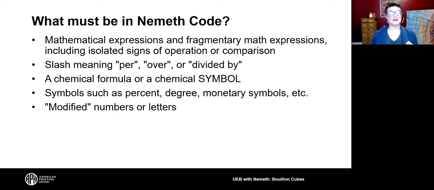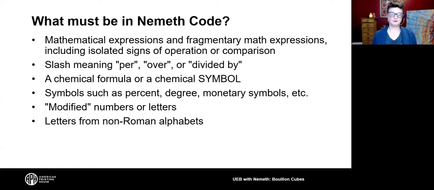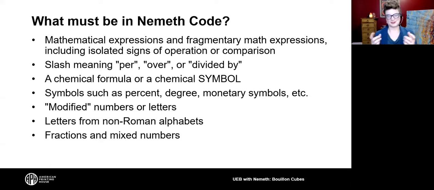Any number or letter that's modified by being combined with anything that we've seen so far, those symbols or the slash or any symbol of operation or comparison. Letters from non-Roman alphabets. That's why our Greek pi earlier was in Nemeth code. Fractions and mixed numbers. Mixed numbers are just a fraction combined with a whole number to make a value.